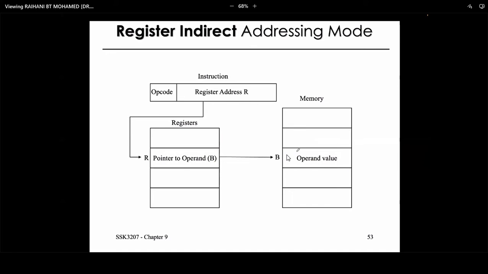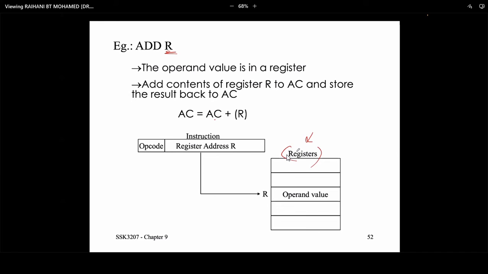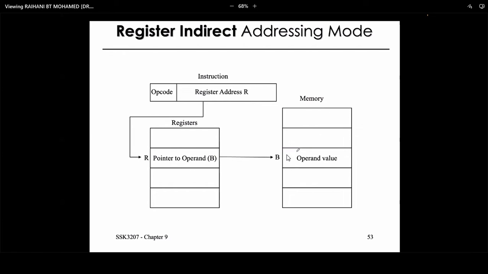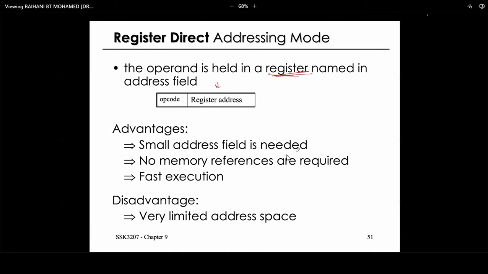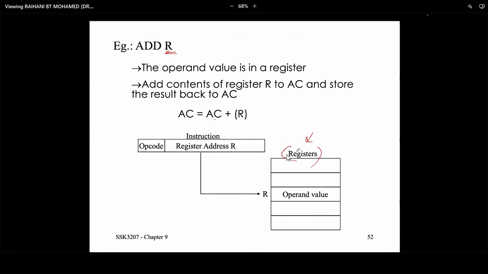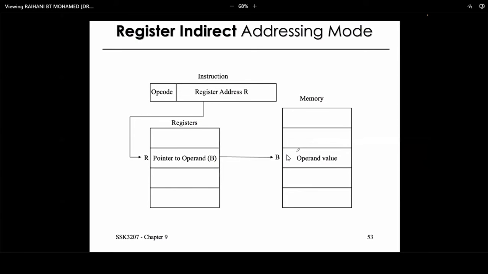But anyway, you look at the architecture for the register direct addressing mode here. This is the direct, right? Direct basically will use the registers, but for the indirect register, you use another one. R here will point to the register for the operand B, but it will refer back to the memory to look into the value.